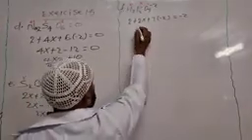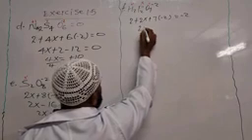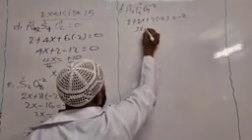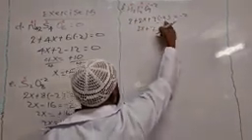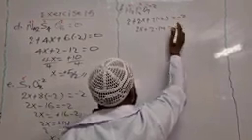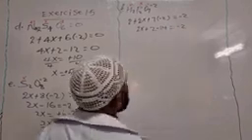Therefore, the variable terms should be written first: 2x, and then plus 2, and then -14, is equal to -2. Okay, now 2 minus 14 means -12.